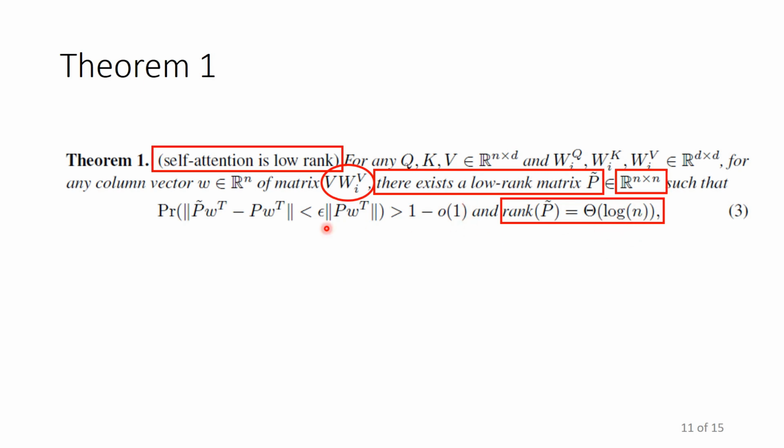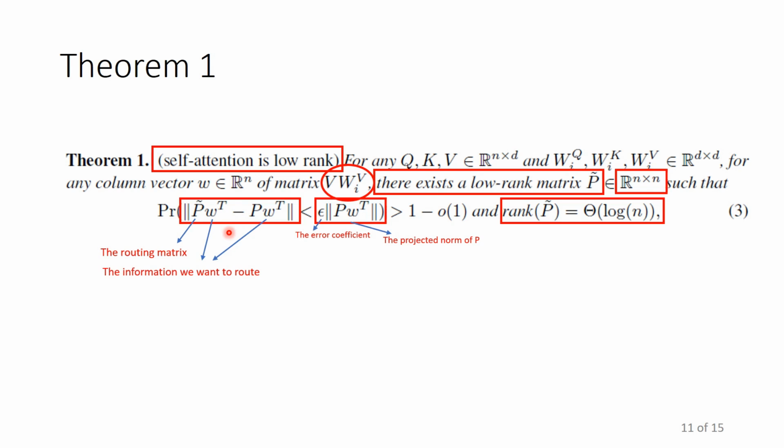So what does this equation actually mean? This right here is just a distance, and this right here is the projected norm of P, basically the original matrix P. And we have an error coefficient as well. This P tilde is the routing matrix, the approximation of P, and omega transpose is the information we want to route.